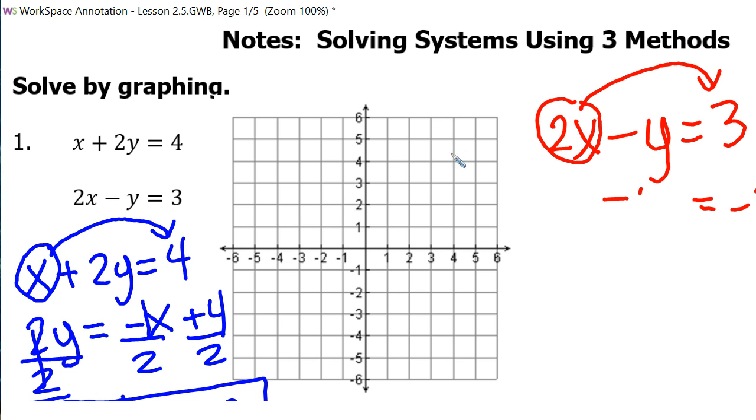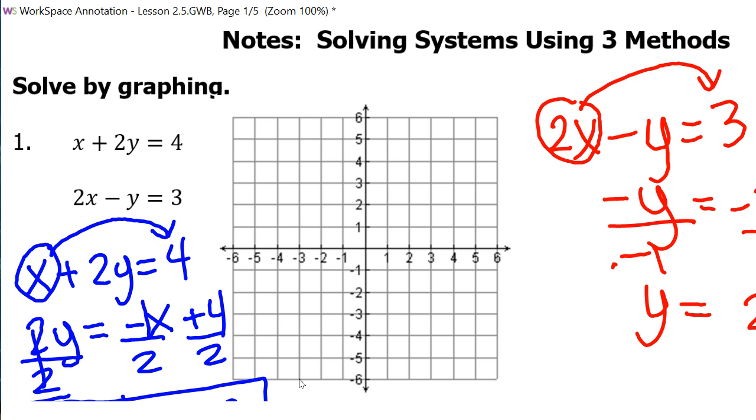A negative 1. So make sure you bring down that negative with the y. Some of you are forgetting to do that. And how do I get rid of that negative in front of the y? Divide everything by negative 1. So that gives us y equals negative divided by negative becomes positive 2x. And what's 3 divided by negative 1? Negative 3.